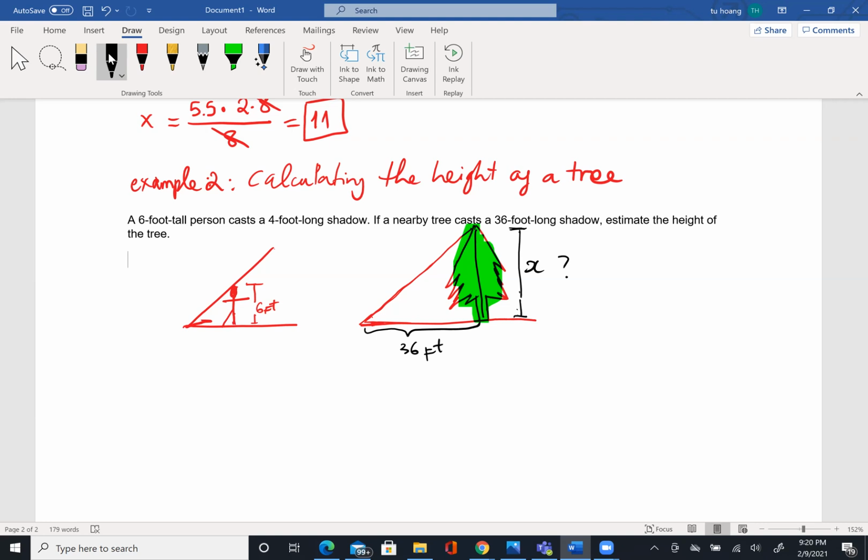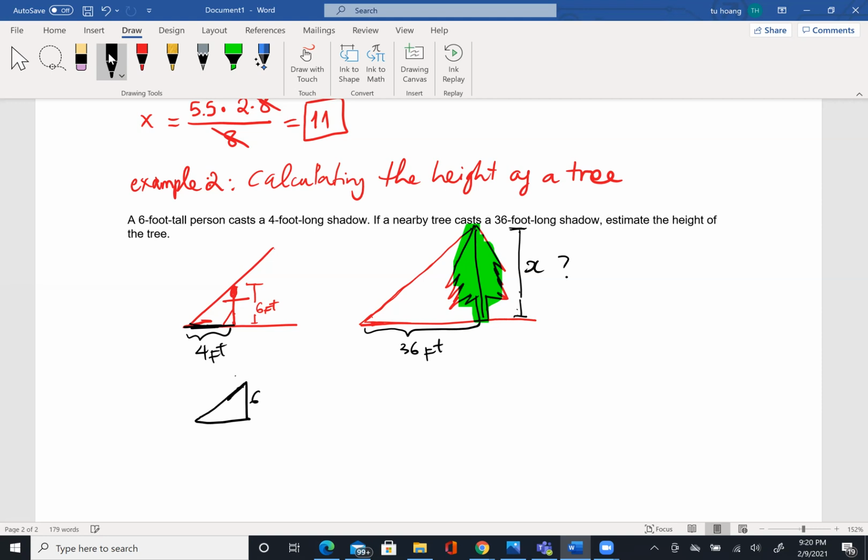And also the shadow of the person here is 4 feet. So if I try to make it like two similar right triangles, it looks like this.